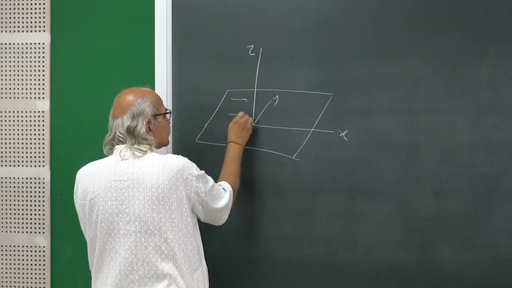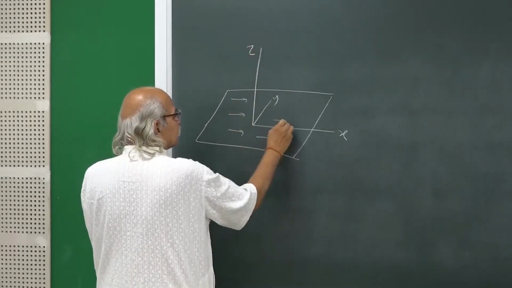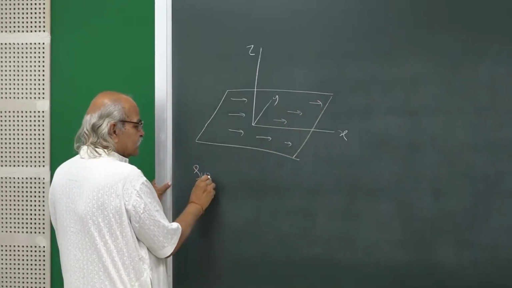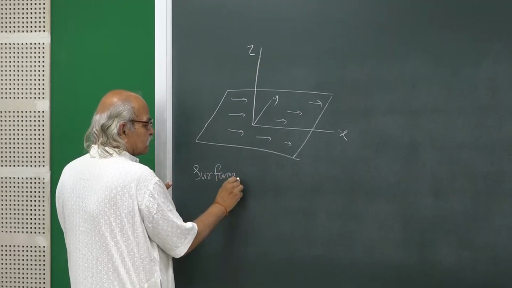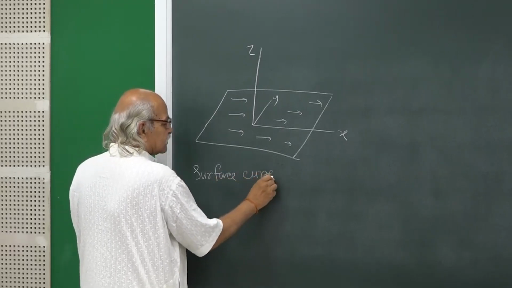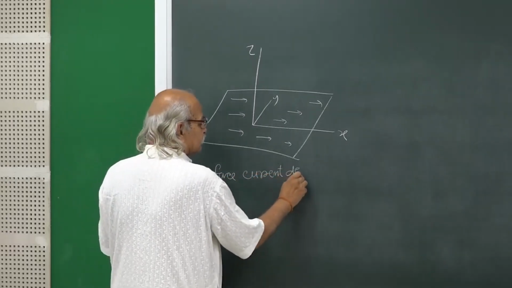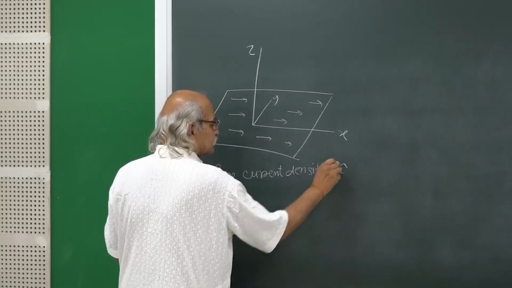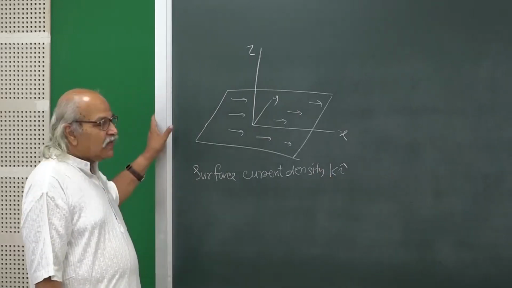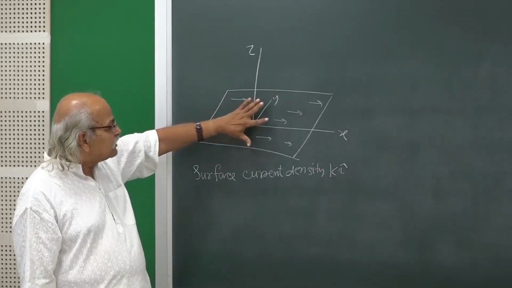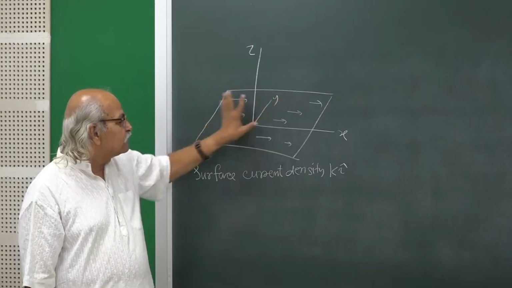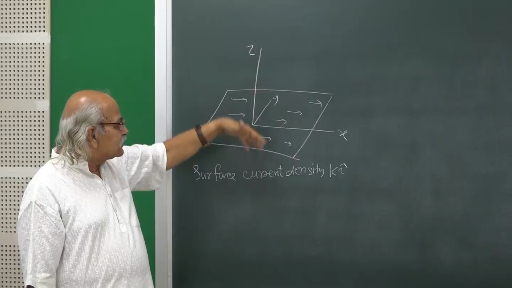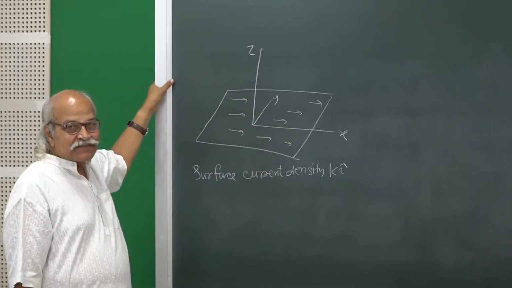And on this large plane we have surface current, and the surface current density is K i cap. And we want to know the vector potential because of this current which is flowing on the surface of this xy plane, in the entire space.